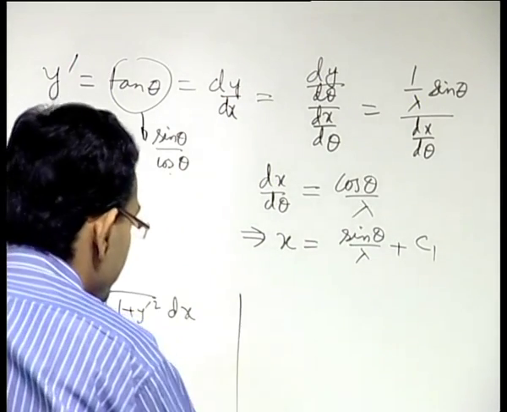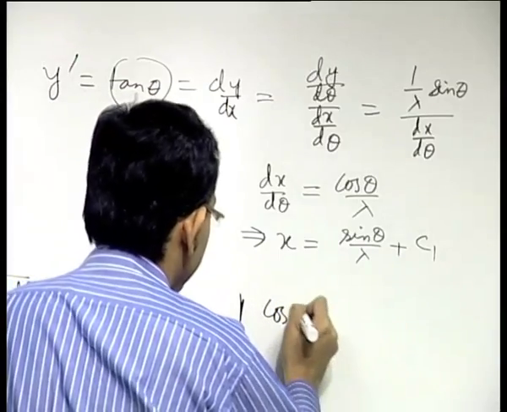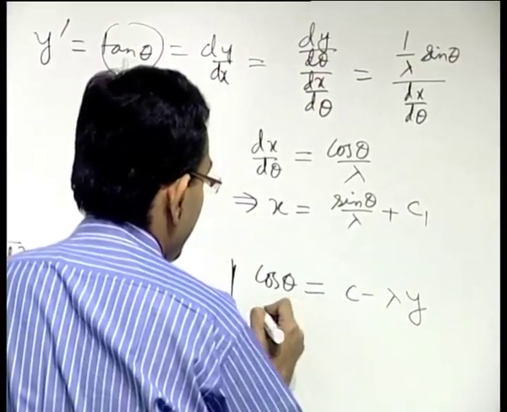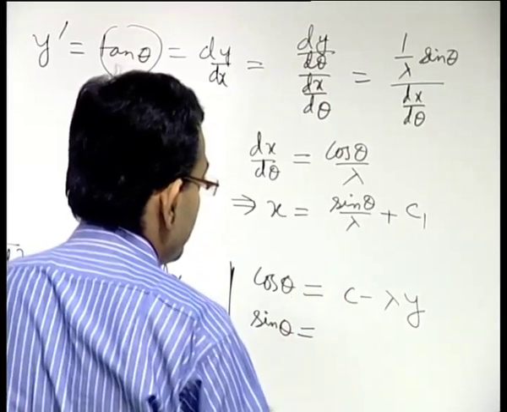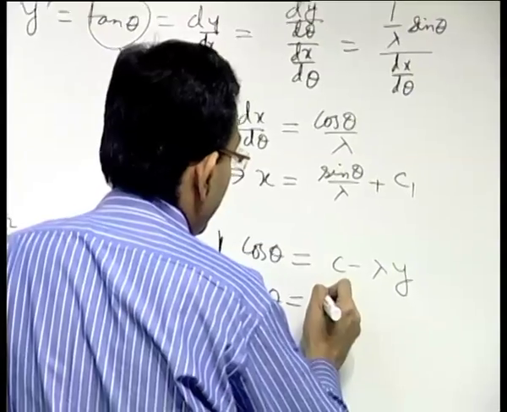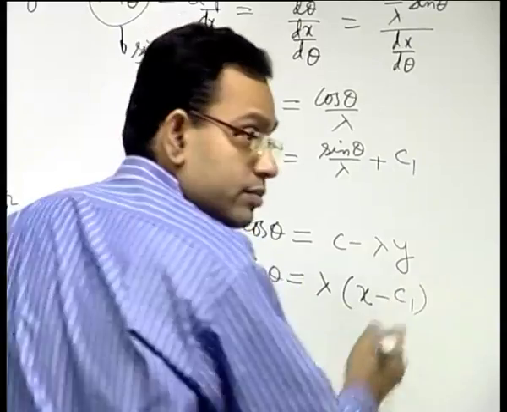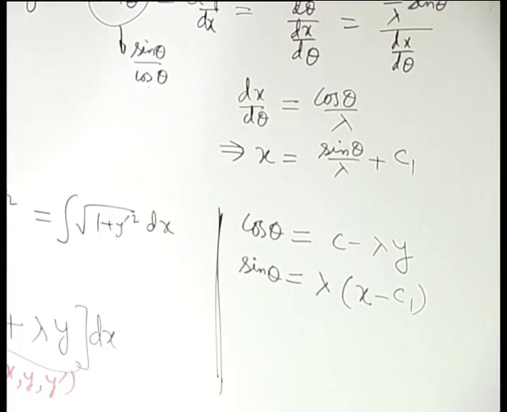Now, let us see. So, you have cos theta is equal to c minus lambda y, sin theta equal to lambda into x minus c1, right.